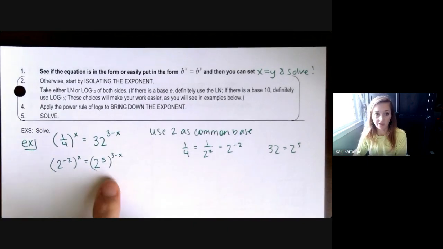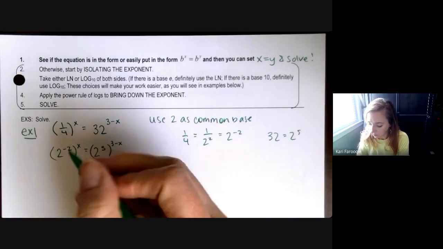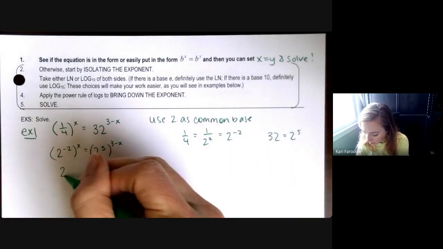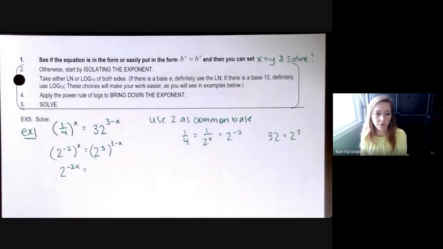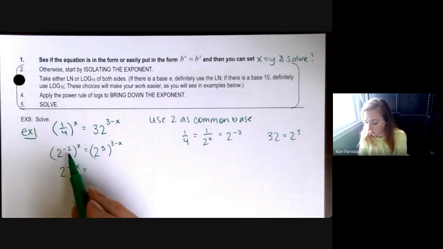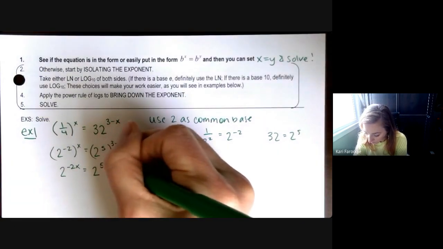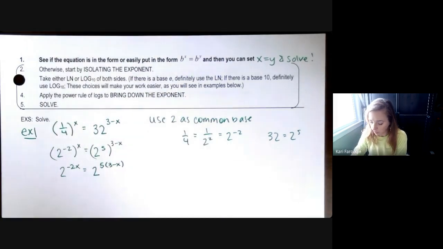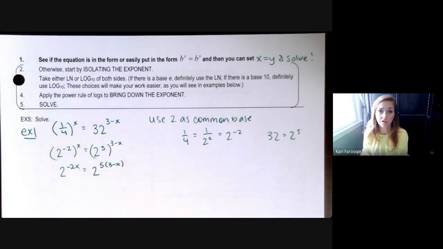We have the same base. Now we need to equate the exponents, so I'm going to go ahead and do that now. This maybe is an extraneous step, but I want you to see it. When you take a power to a power, you multiply the powers. Be very careful on the right-hand side to put parentheses around the 3 minus x because it's two terms, and you want to make sure this 5 gets distributed into the parentheses.